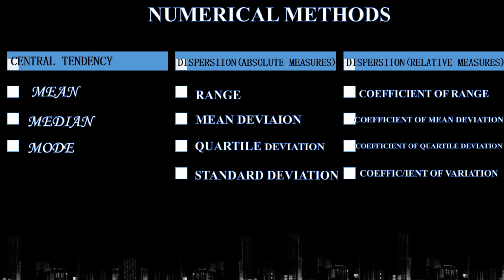For example, one measure of dispersion is the ratio of standard deviation to the mean. Standard deviation is generally denoted with sigma and mean is denoted with x bar. So sigma by x bar is one of the coefficient of dispersion measures.